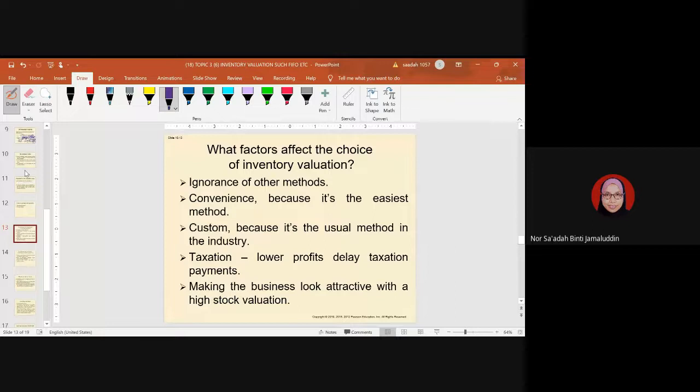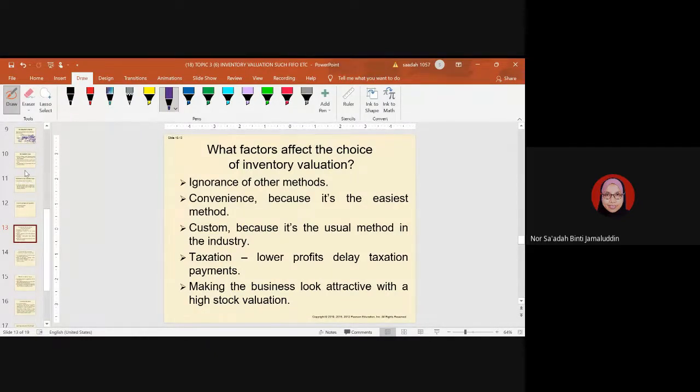3 method tadi. Yang pertama, ignorance of other method. Of course, bila kita take one method, so we will ignore the rest method. Convenience, because it's the easiest method. Okay, method yang kita akan pilih tu mestilah sesuatu yang sesuai dengan kita punya company. Custom, because it's the usual method in the industry.